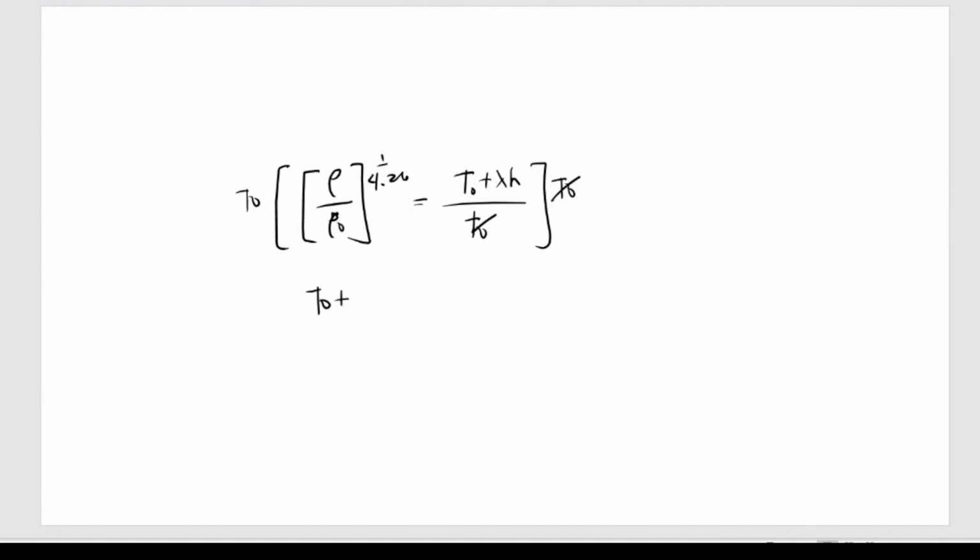T sub O plus lapse rate times the height is equal to T sub O times rho over rho sub O raised to 1 over 4.26.